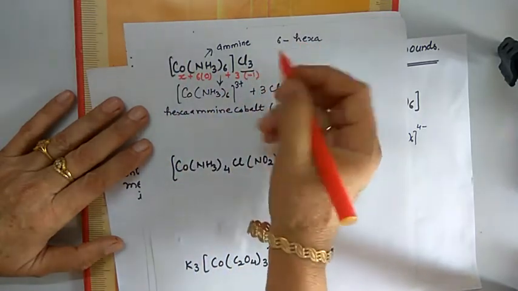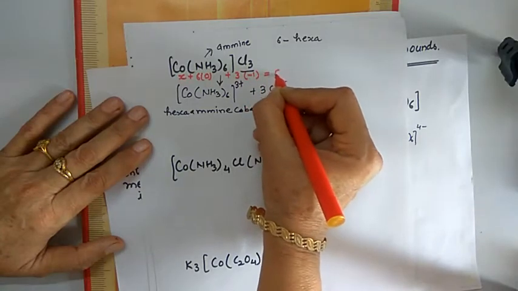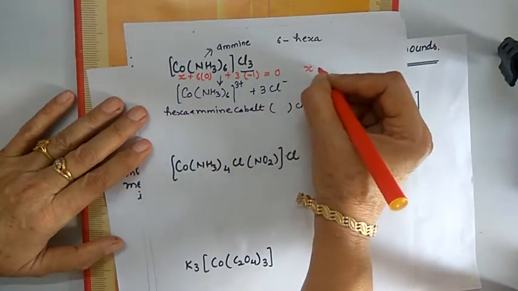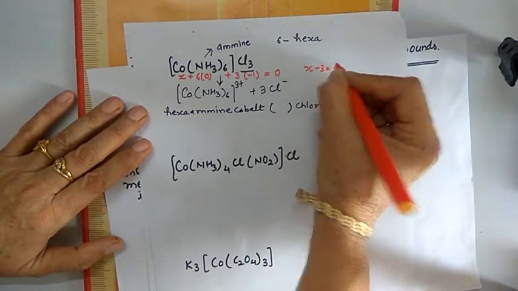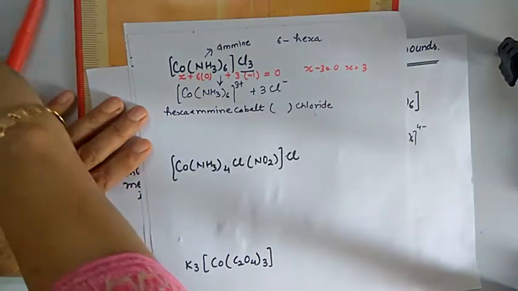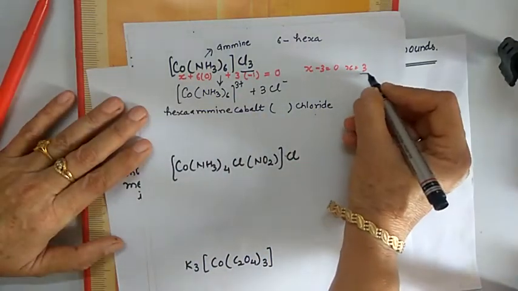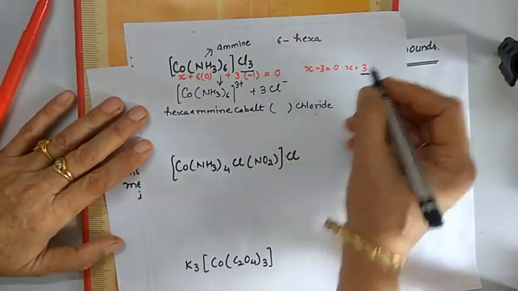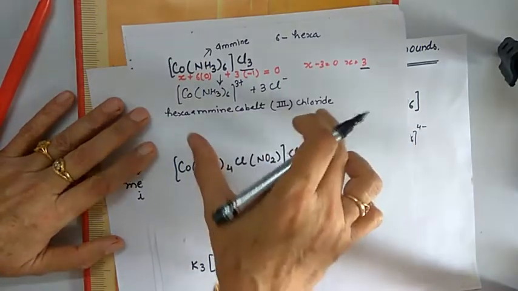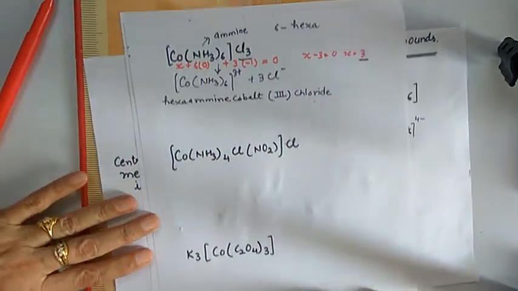The sum of the charges is 0, as the total compound is neutral. So X minus 3 equals 0, so X is equal to 3. It means the oxidation state of cobalt is 3, and it is written in Roman numerals like this. So this will be the name of the compound.